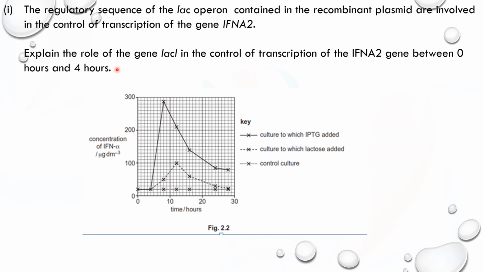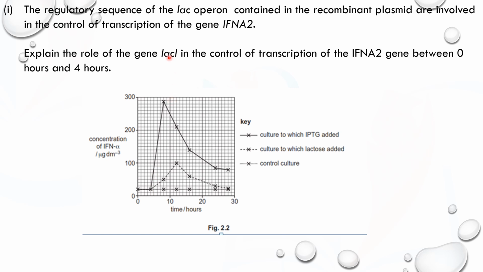Now the first question says, the regulatory sequence of the lac operon contained in the recombinant plasmid are involved in the control of transcription of gene IFNA2. Explain the role of this gene LAC-I in the control of transcription of the IFNA2 gene between 0 hours and 4 hours. Can you see 0 hours and 4 hours?